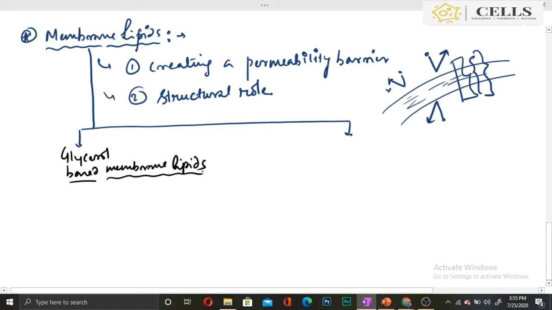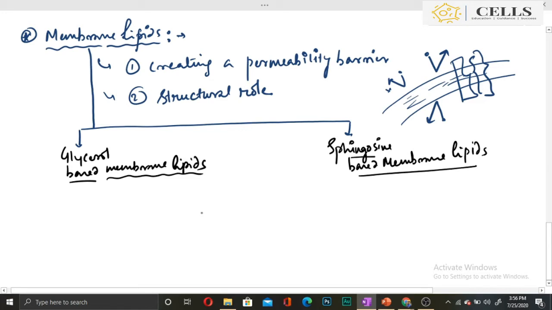Glycerol based membrane lipids, and one is sphingosine based. Yeah, glycolipids will be coming, but this is the broader classification. Sphingosine based membrane lipids. Now in glycerol based membrane lipids, there are glycerol based phospholipids. They are most common.